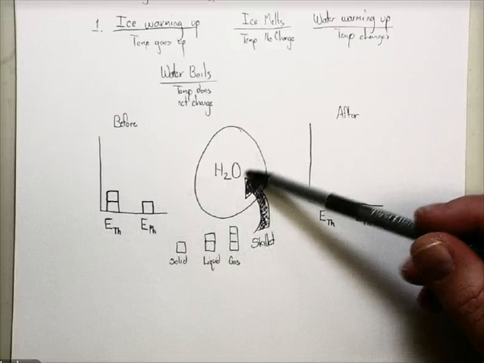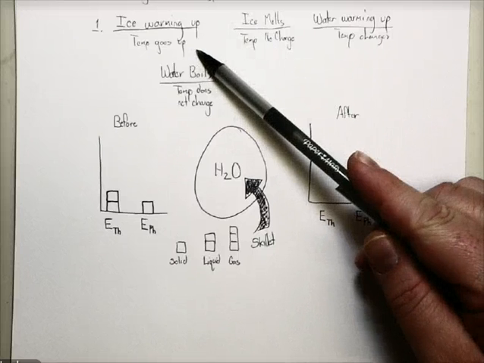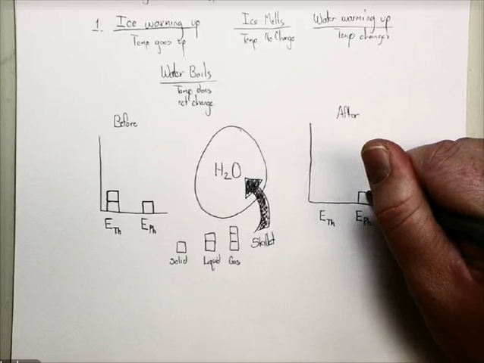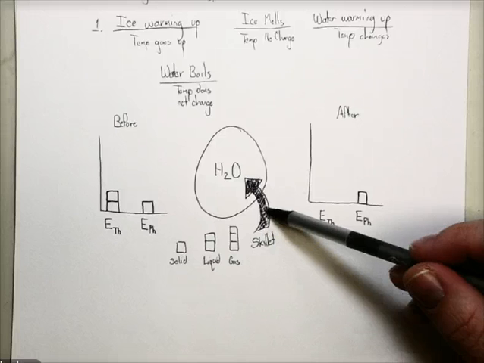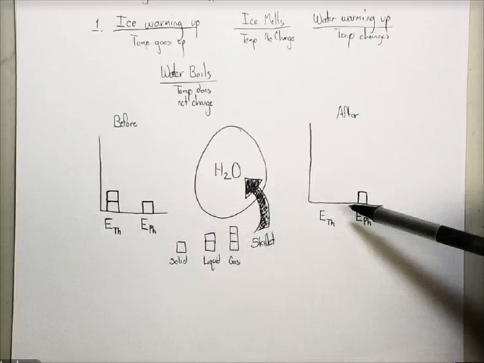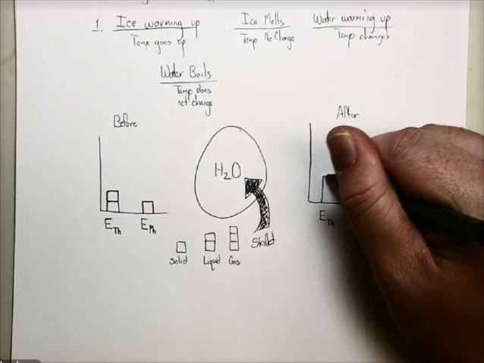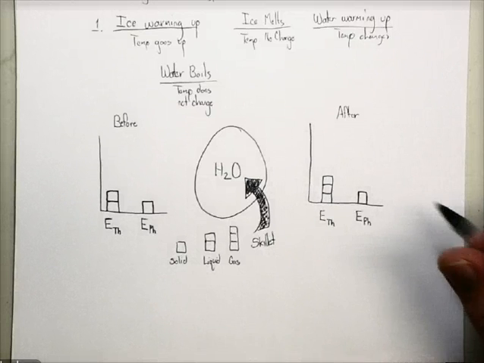In this case, our ice is warming up, but it's not yet melting, which means it's still going to be in the same phase. It's still going to be a solid. So my phase energy hasn't changed. It's still 1. But I did add energy here. And if I added energy, it had to go somewhere. And if it didn't go into the phase energy, it went into thermal energy. So I'll say my thermal energy has now gone up to 3.